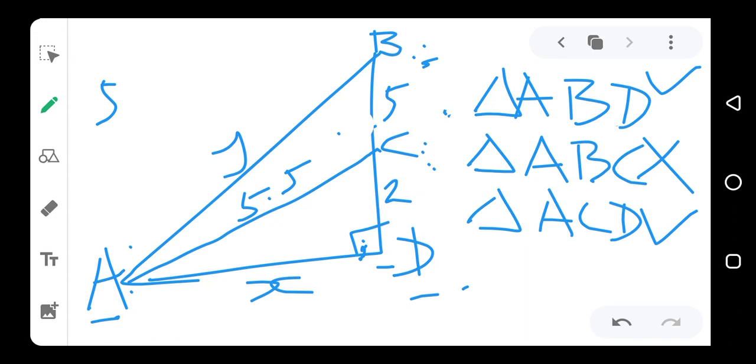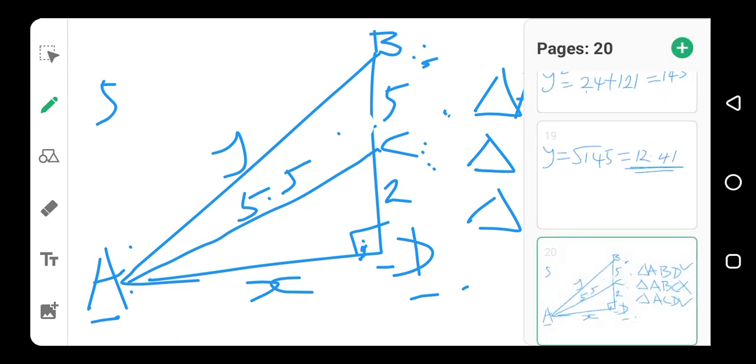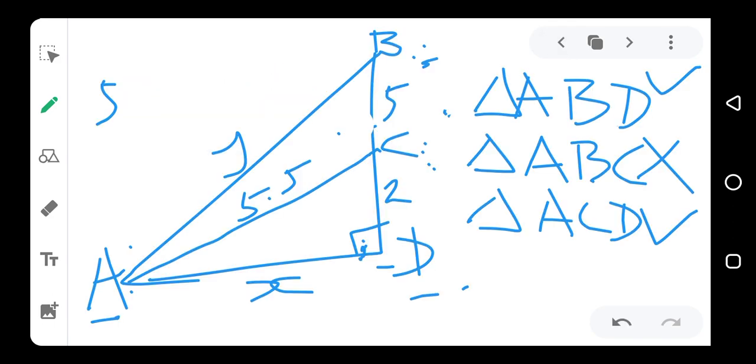Now for triangle ACD, CD is 2 and AC is 5.5. So we have two sides that are known in this one, so we can start with this. Which side is the hypotenuse? The side that is facing the angle 90 degrees, which is AC, 5.5.